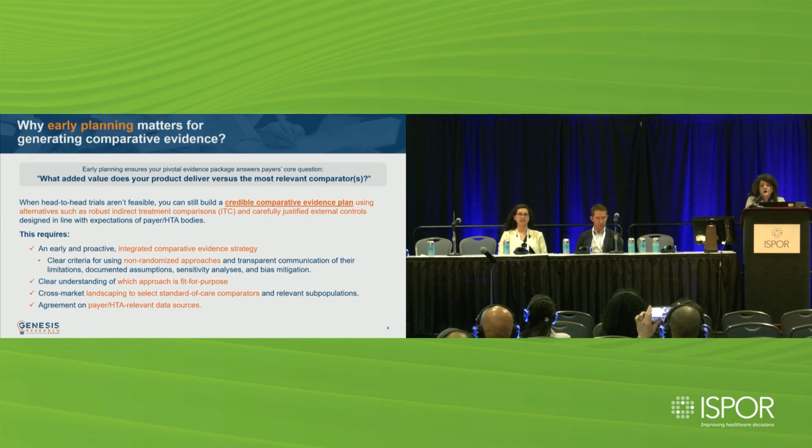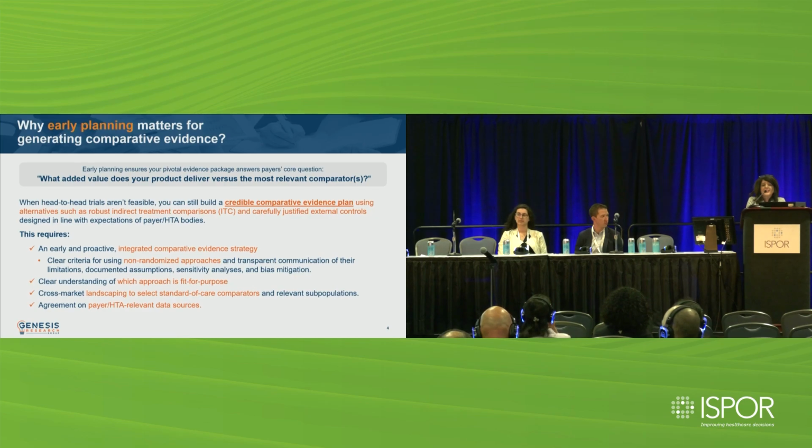The scientific rigor and discipline and the nuanced approach you use to generate this comparative evidence requires early planning, a lot of critical thinking, and the experts in the room to really inform your decisions.